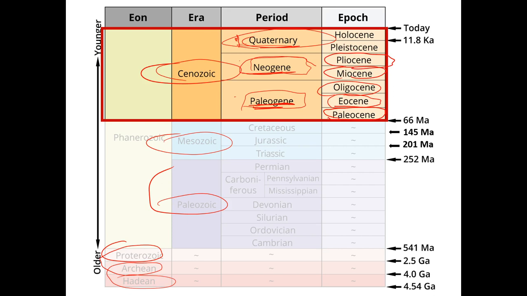And the Quaternary consists of the Pleistocene, which was basically the Ice Age, and today, which is the Holocene. We call this the Holocene. Okay, so welcome to the Holocene, welcome to the Quaternary, welcome to the Cenozoic. You're here right now in the Phanerozoic eon, in the Cenozoic era, in the Quaternary period, in the Holocene epoch. Okay, so you do have to know those epochs: Holocene, Pleistocene, Pliocene, Miocene, Oligocene, Eocene, Paleocene.